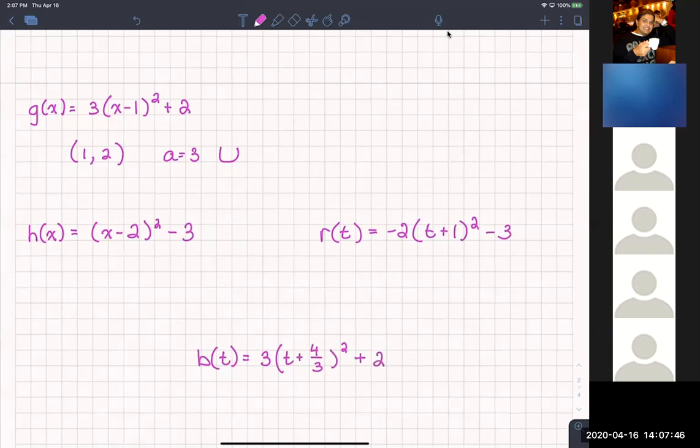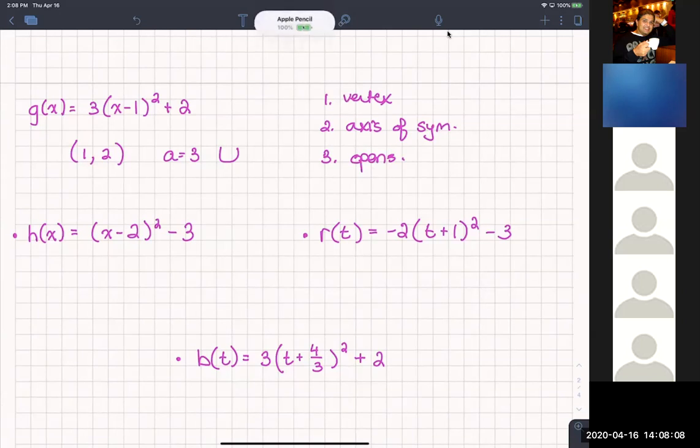For all three of these problems, I want you to find the vertex, the axis of symmetry, and which way it opens. Here are three equations. Find the vertex, the axis of symmetry, and which way it opens, please.